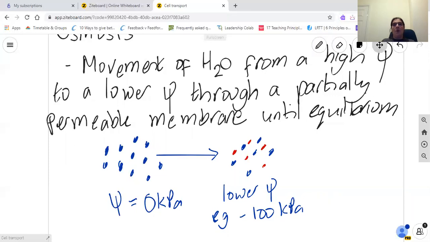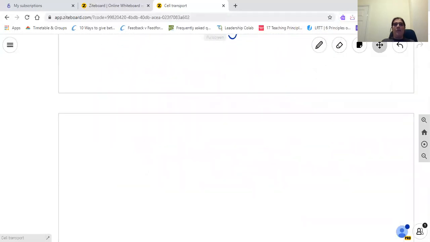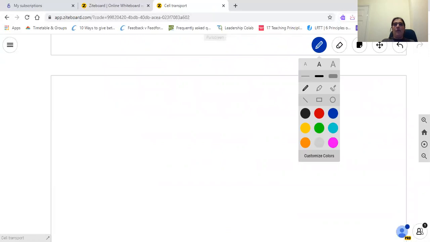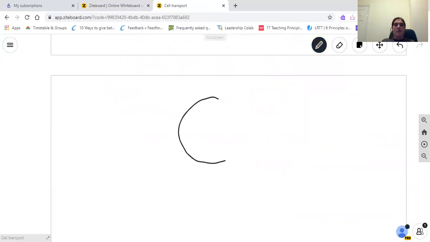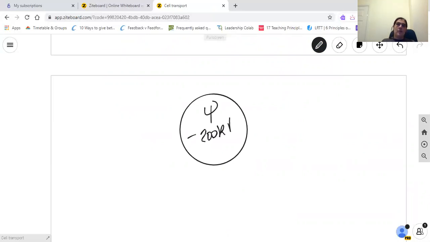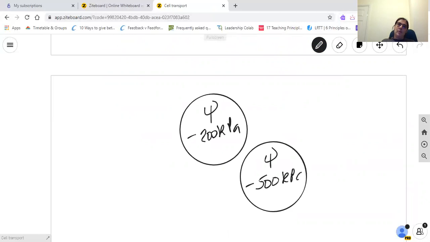So one such question might be, let's imagine we gave you 3 cells. That cell has a water potential of minus 200 kilopascals. That one has a water potential of minus 500 kilopascals.